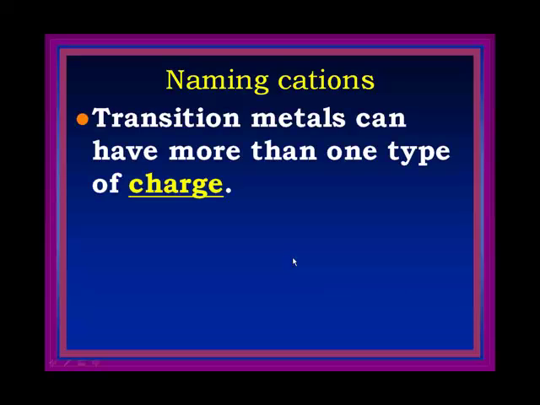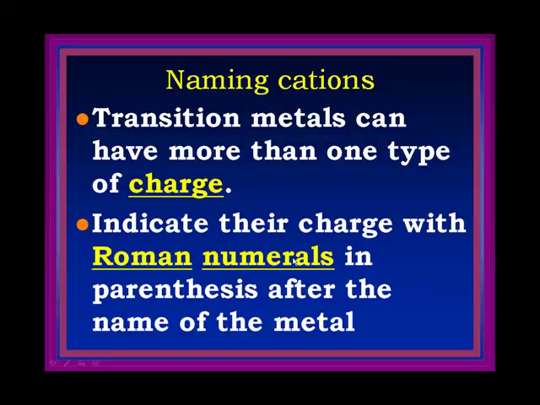So, when we go to name the cations, the transition metals, they can have more than one type of charge. And so we indicate their charge with the Roman numerals in parentheses after the name of the metal. So you need to know your Roman numerals. 1, 2, 3, 4 is IV, 5 is V, 6, and 7.